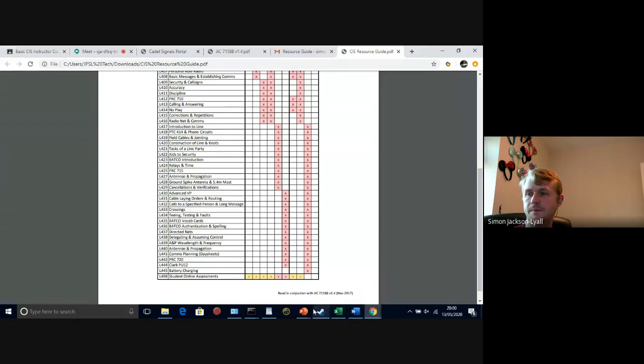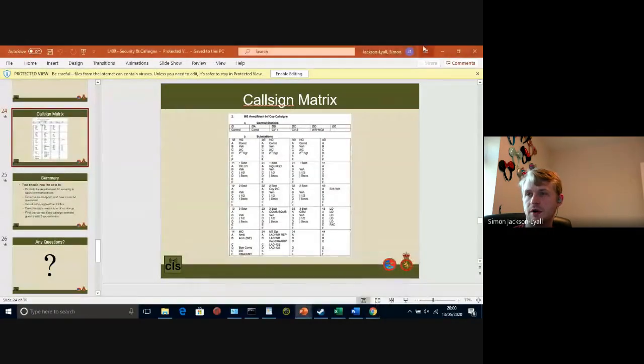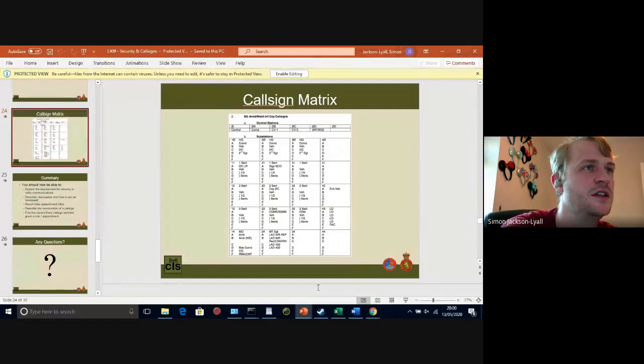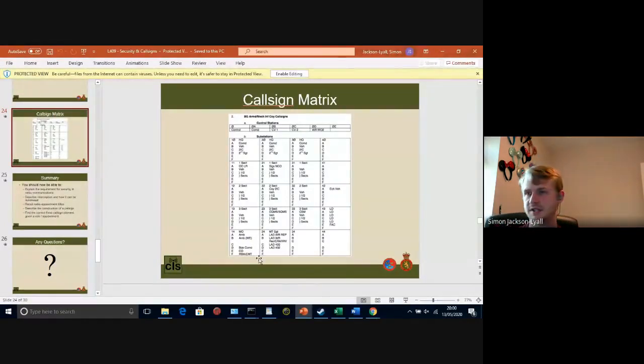So we wanted to do a recap of security and call signs. So the call sign matrix, give me 1 second. Off the back of last week, just to prove how the team are really responsive to improving things as we go on, Alex actually made a few tweaks to that lesson, and it might be worth having a look at that presentation instead.